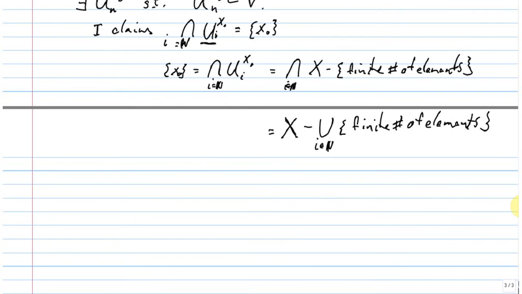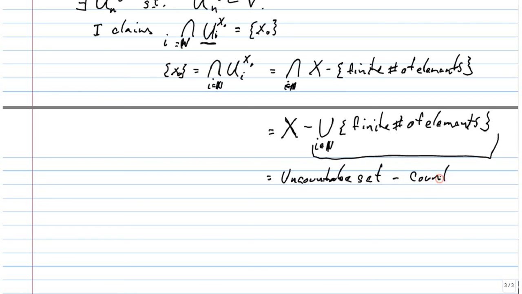Right? So that's just De Morgan's laws. And then this is a countable set. So what this amounts to is an uncountable set minus a countable set. The union of countable sets is countable, that's where I get that from.